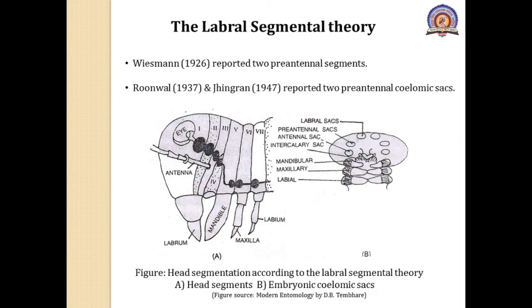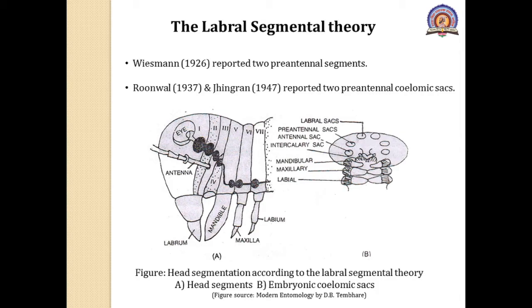Then the next theory is the labral segmental theory. Weismann in 1926 reported two pre-antennal segments with two paired rudimentary sacs in the embryo of the stick insect.